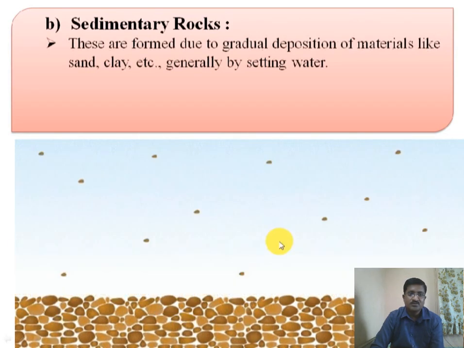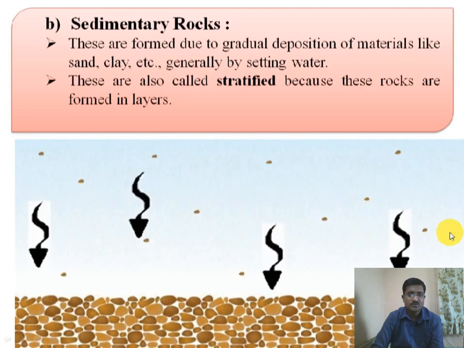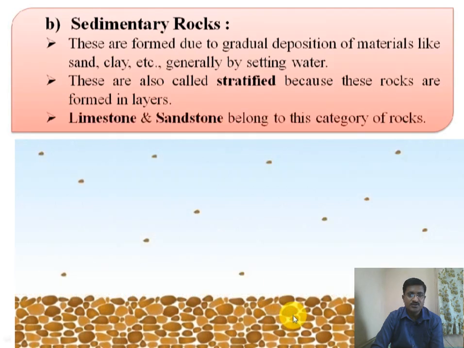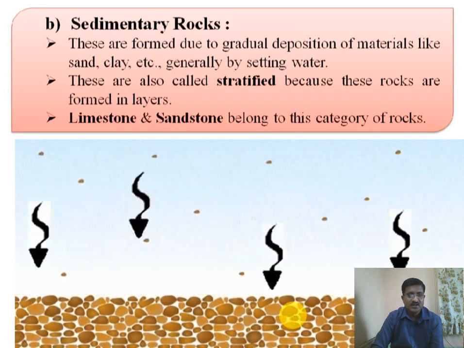These are formed due to gradual deposition of materials like sand, clay, etc., generally settling with water. These are also called stratified because these rocks are formed in layers. Limestone and sandstone belong to this category.